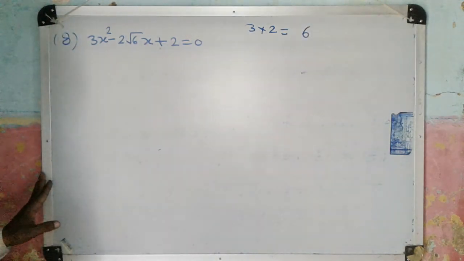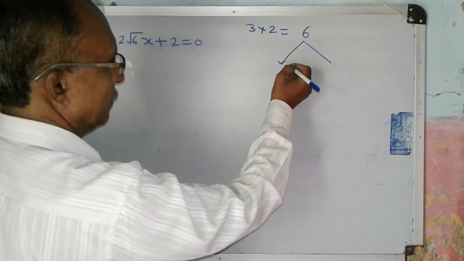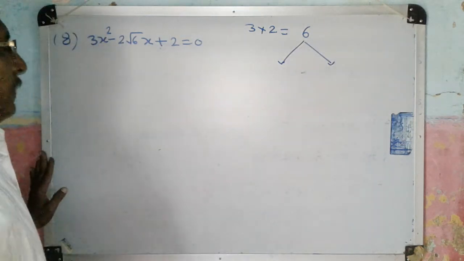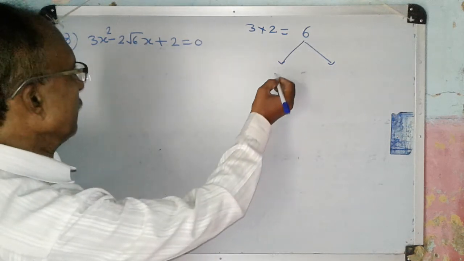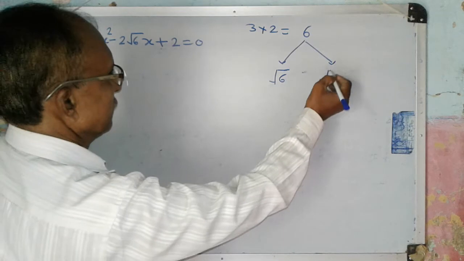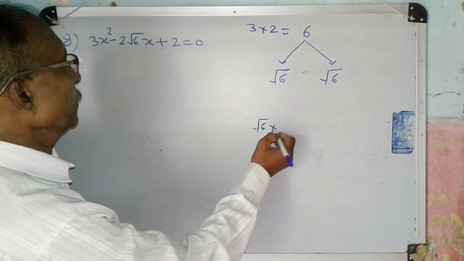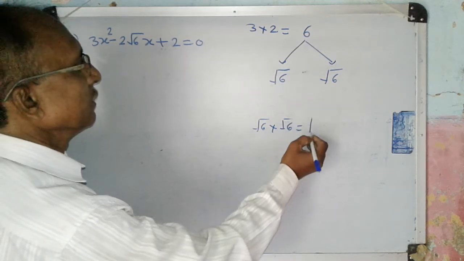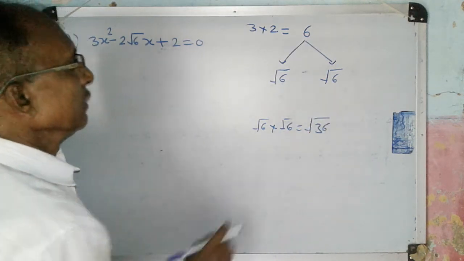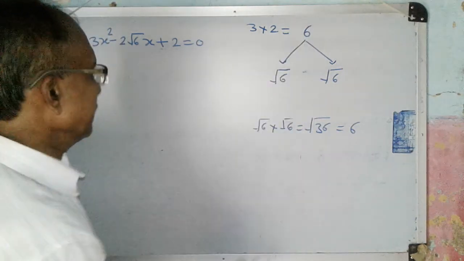Now find the factors of 6 such that their sum is minus 2 root 6. So here the factors of 6 we can take like this: root 6, root 6. Because root 6 into root 6 is equal to root 36 is equal to 6.